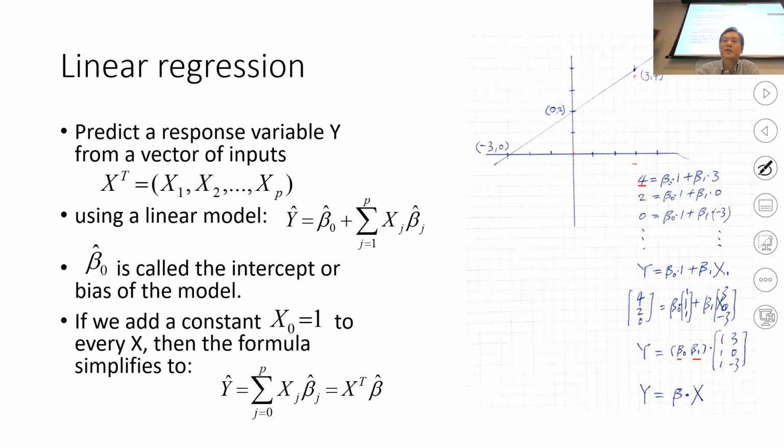If you give 0 as x2, y2 is 2. If you give -3 as x3, so you have 3 samples.